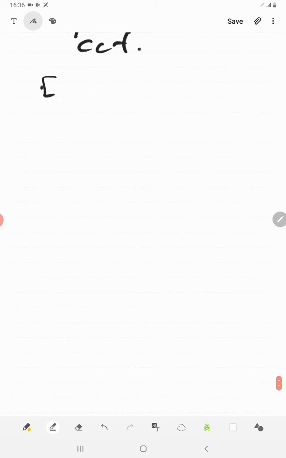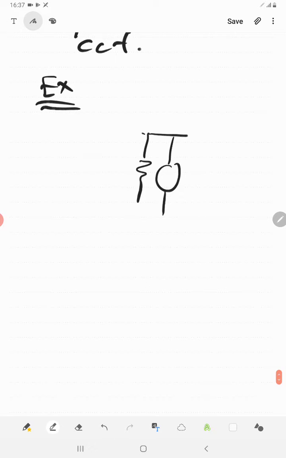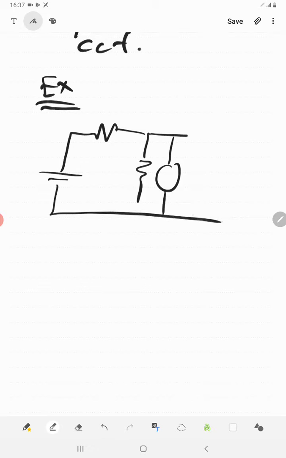Another example. Let's have a parallel resistance, a current source. Let's have the same values here, 30 volts, plus minus 240 volts.